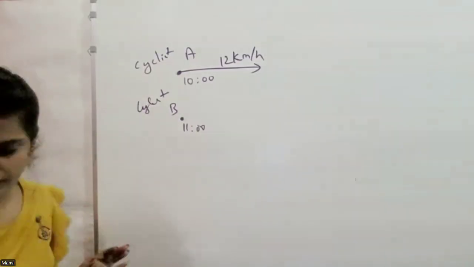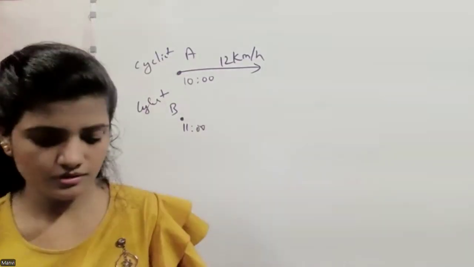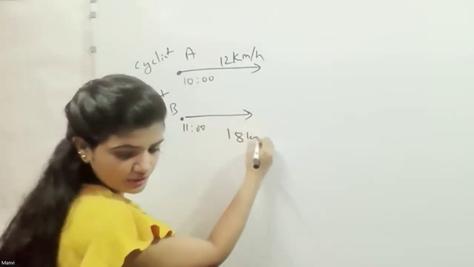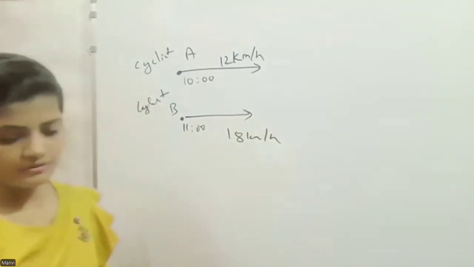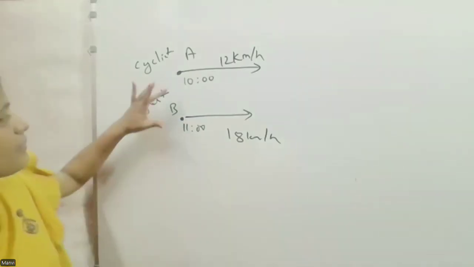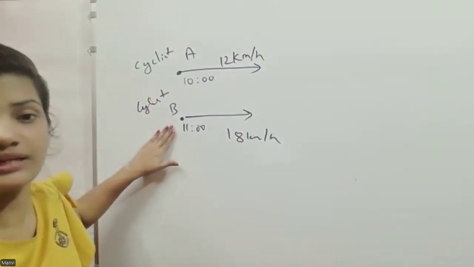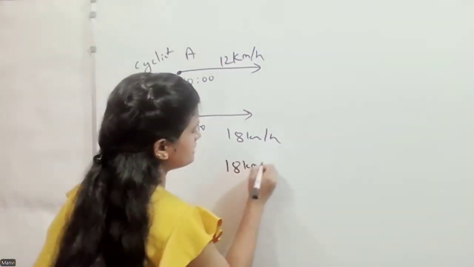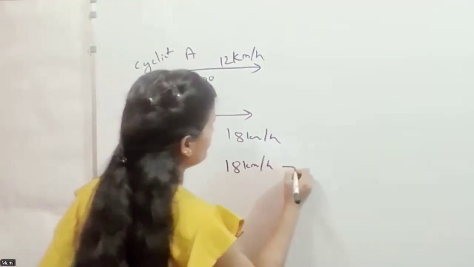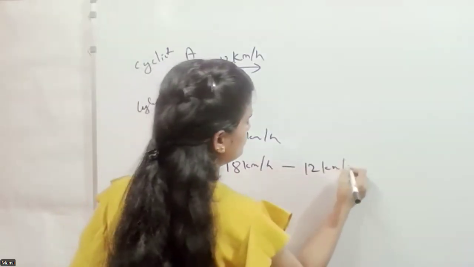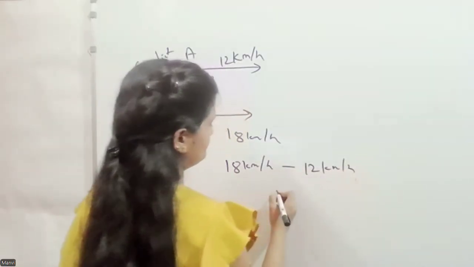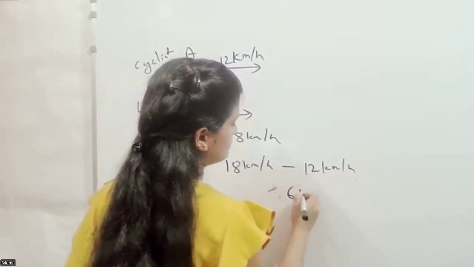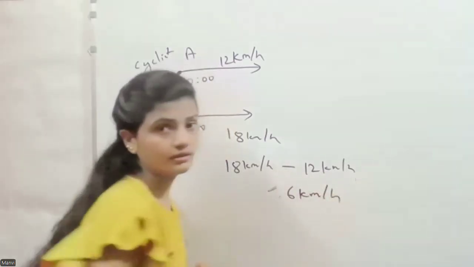Cyclist A and cyclist B. The speed is 18 kilometers per hour. So how much does cyclist B gain per hour? Cyclist B gains 18 minus 12, which is 6 kilometers per hour. Right?